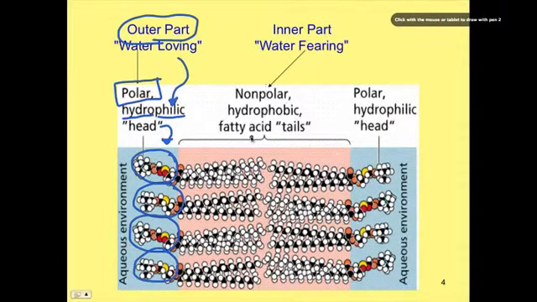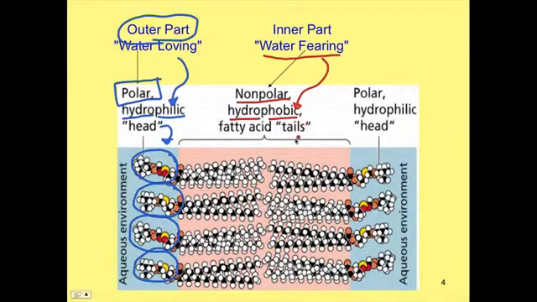The inside part between the two membranes is called water fearing. These are nonpolar. They're hydrophobic. Phobia means to fear. And these are fatty acids. Remember, a fatty acid is a lipid. Tails.